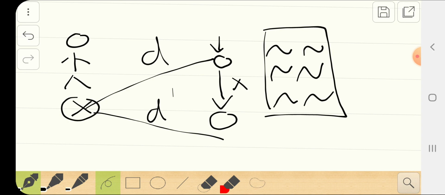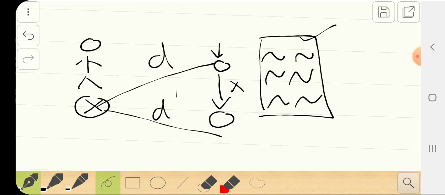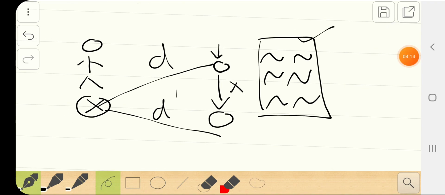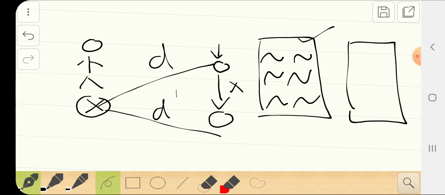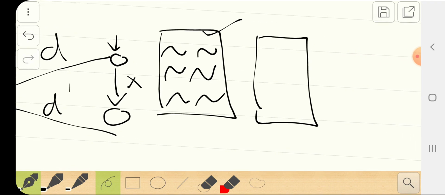So what happened to the information that we have collected? Well, the information has become something else. Not completely different, but it has become something else with an additional factor of the position of the ball inside.